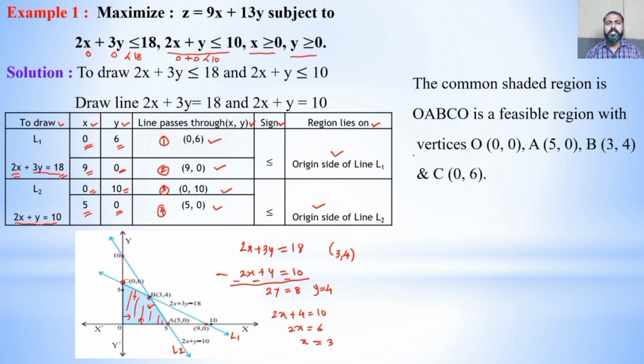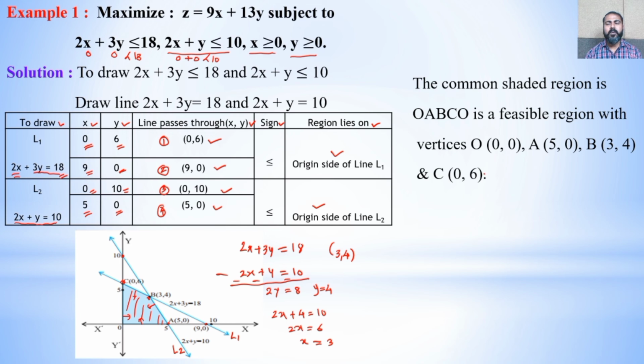The common shaded region OABCO is a feasible region with vertices O (0, 0), A (5, 0), B (3, 4) and C (0, 6).